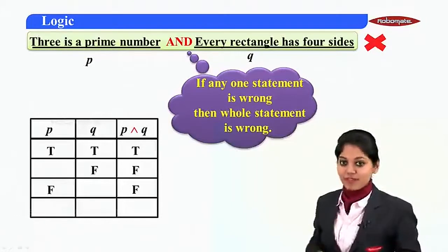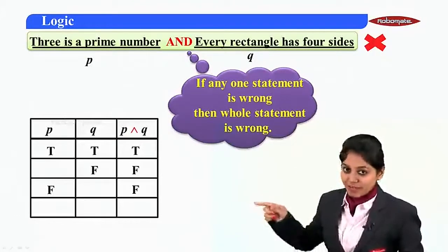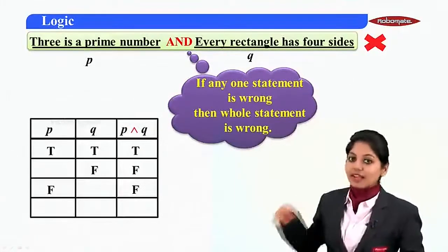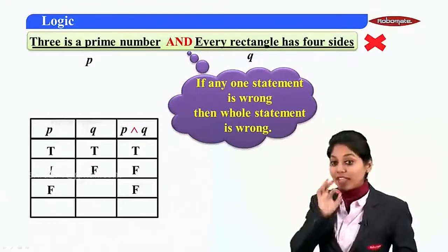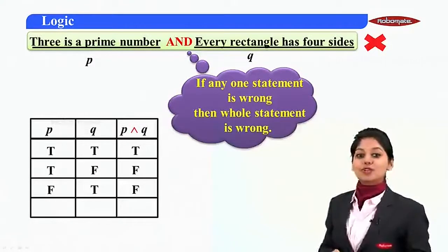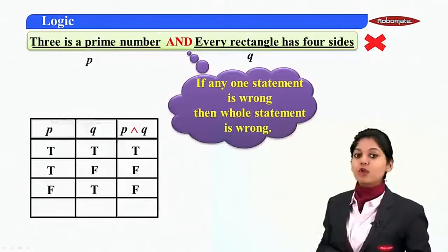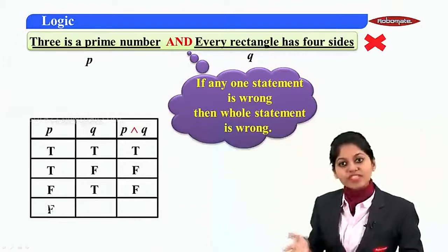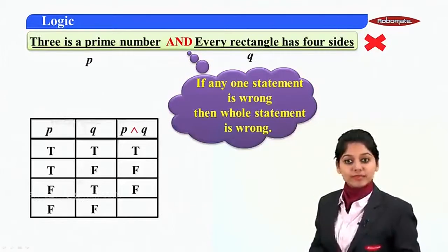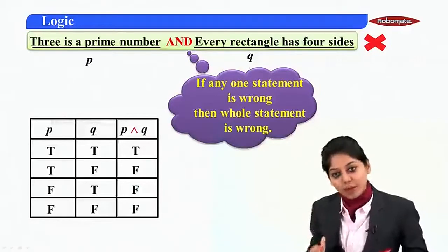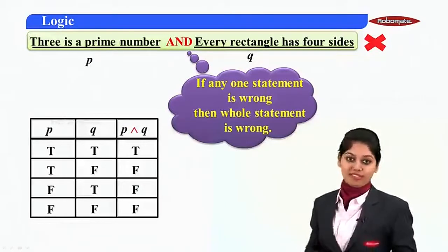So you can observe very well, when P is false, P and Q is also false. When Q is false, again P and Q is false. If any one of the statements is false, it gives the truth value of the compound statement to be also false. But class, if both these statements are false, that obviously means, yes, the compound statement is also false.